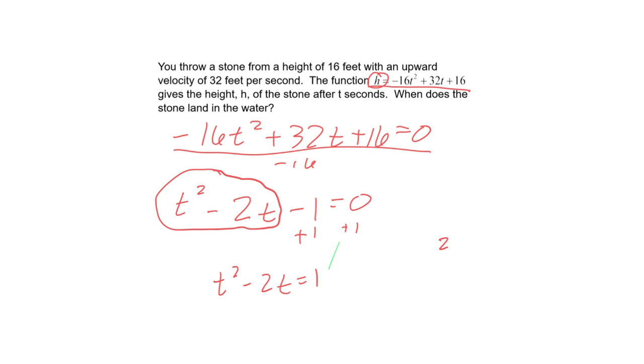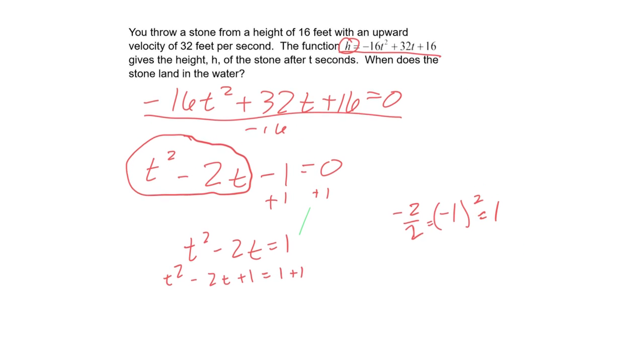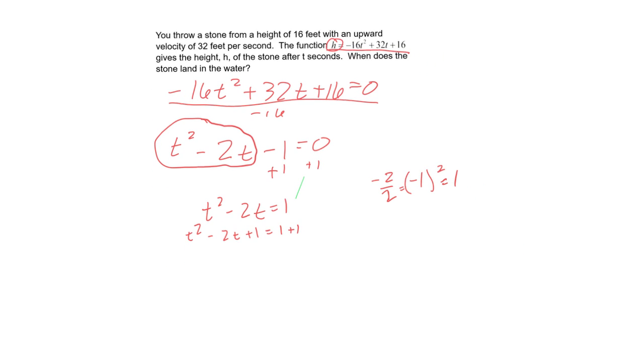Okay, so now I'm ready. Half of negative 2 is negative 1. Negative 1 squared is 1, so I'm going to add 1 to both sides. t squared minus 2t plus 1 equals 1 plus 1. Simplify that, and I get t squared minus 2t plus 1 equals 2.